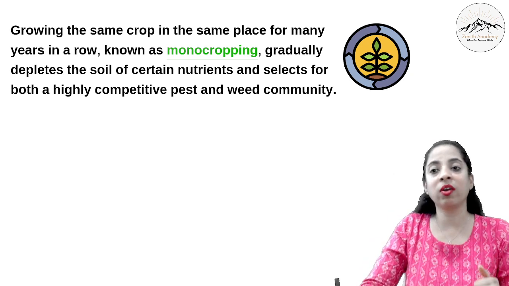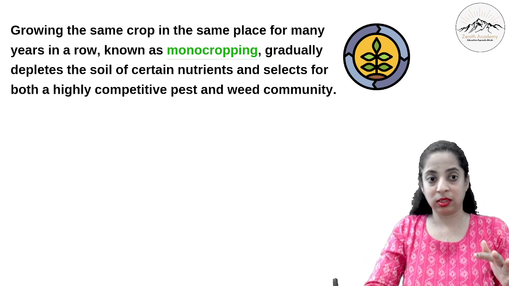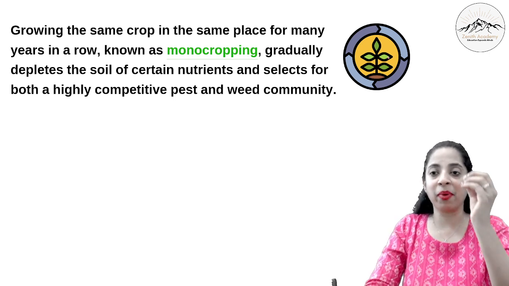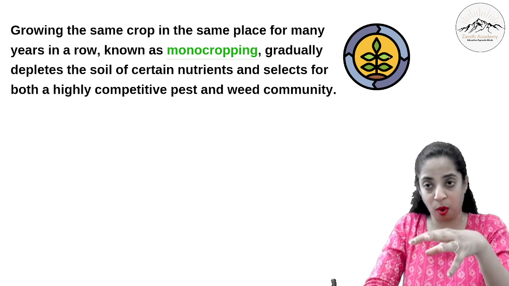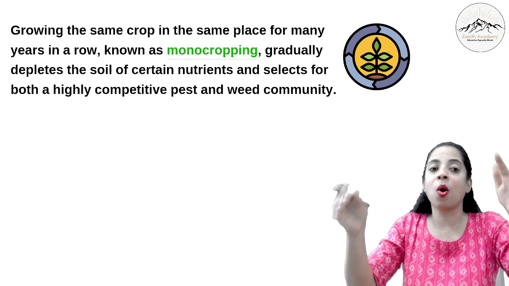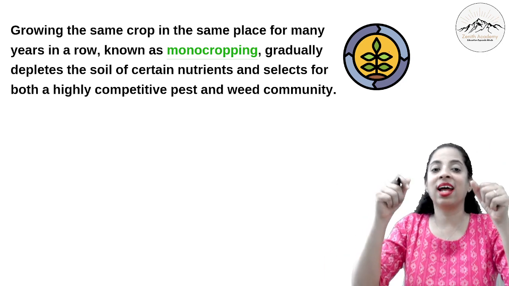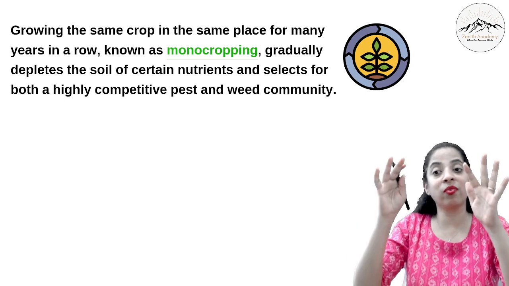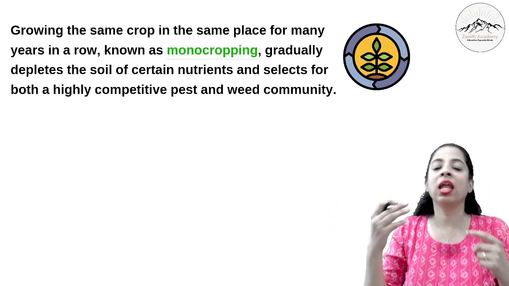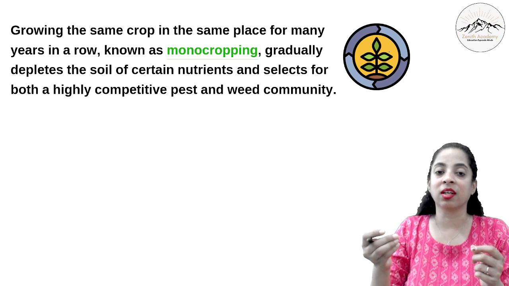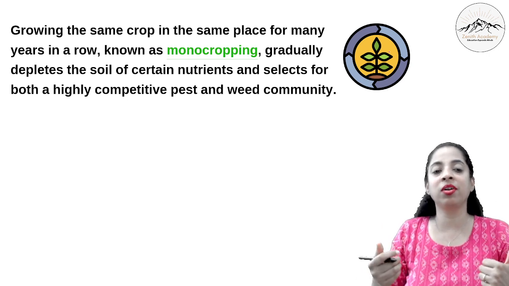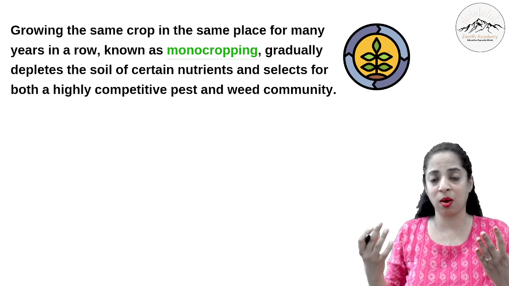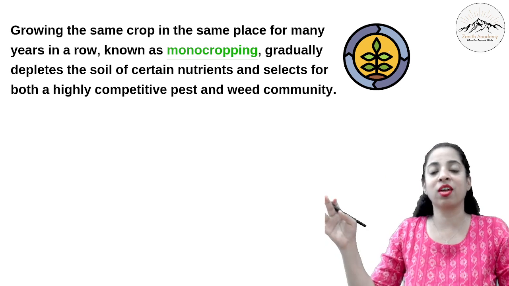If you keep on growing one particular plant, some type of pest which infests that plant will dominate there and become very strong. The pest will become very strong there, and a particular weed which grows there.